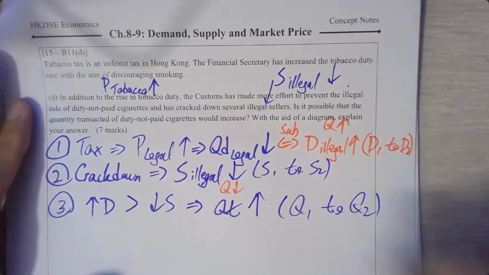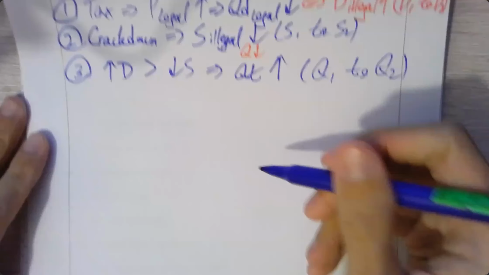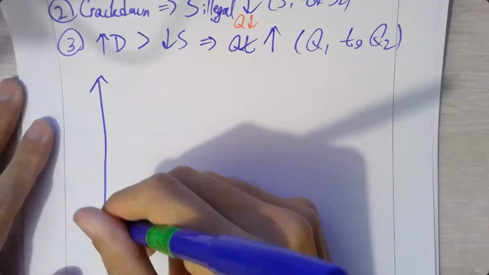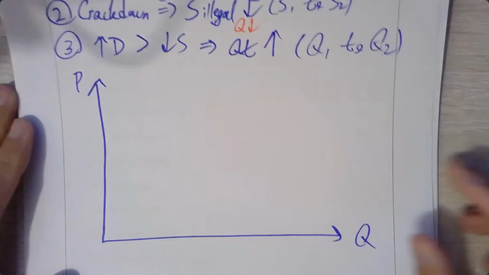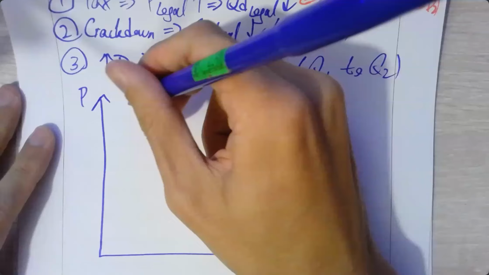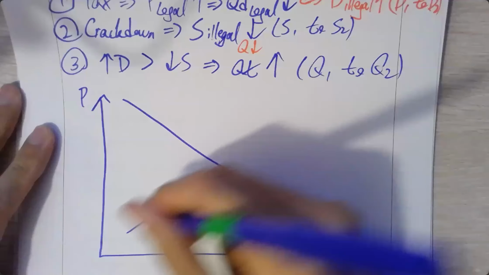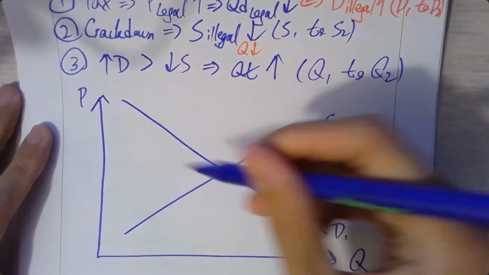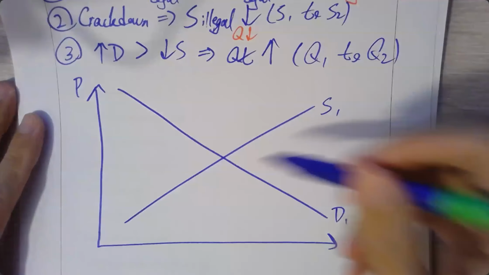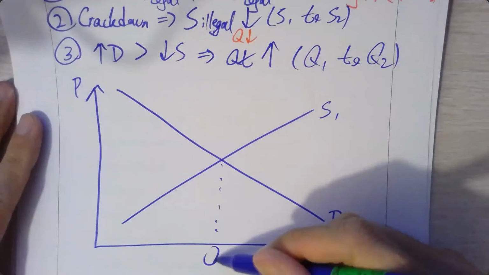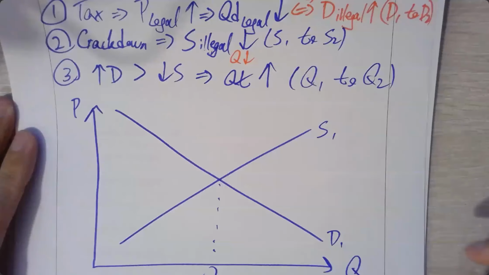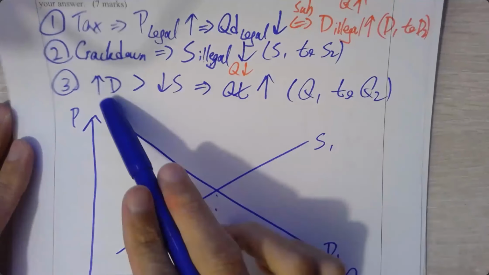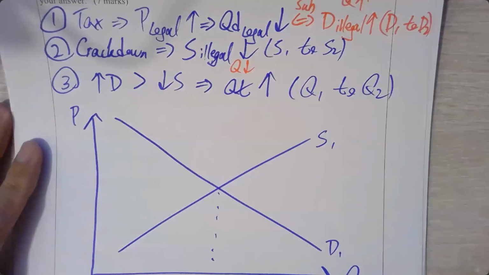OK, 好嘛，咁嘅啫。好啦，點畫啊？我哋試下畫多次啊，應該都識㗎啦。P, Q. Here, again, original situation as a reference. This is a D1, this is a S1. So let's call this Q1. Now we know demand increase larger than supply decrease.